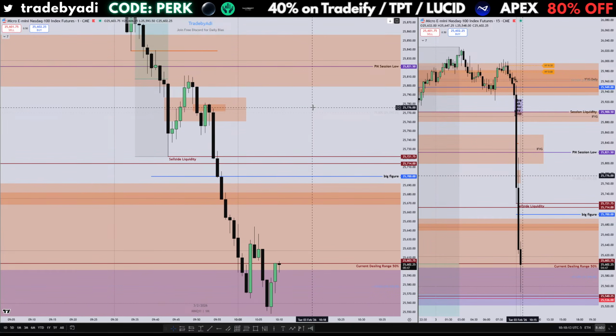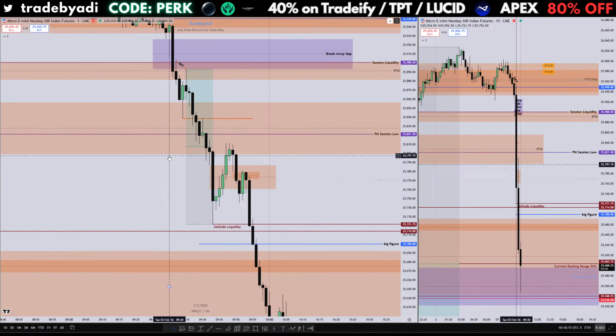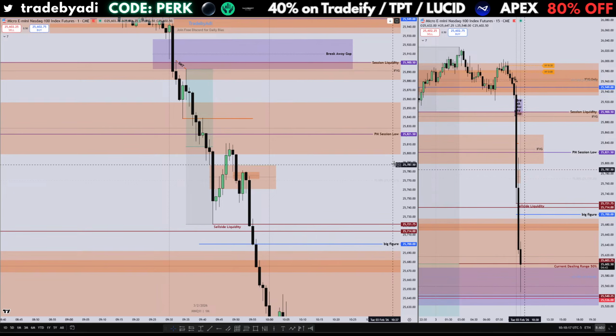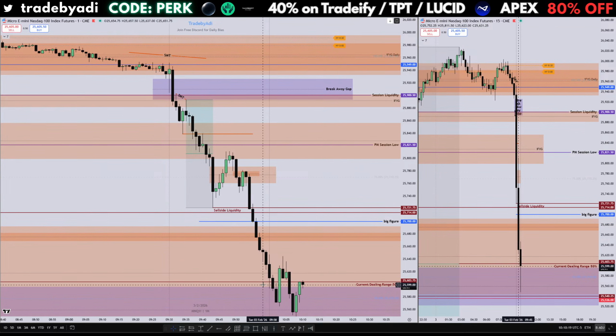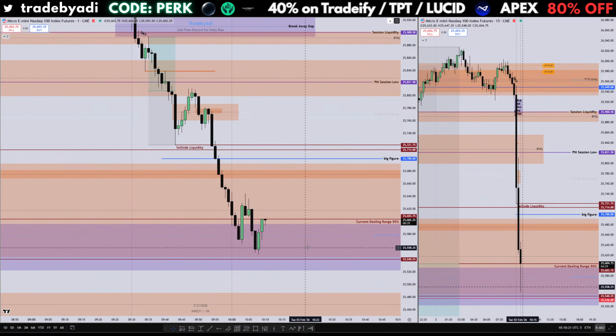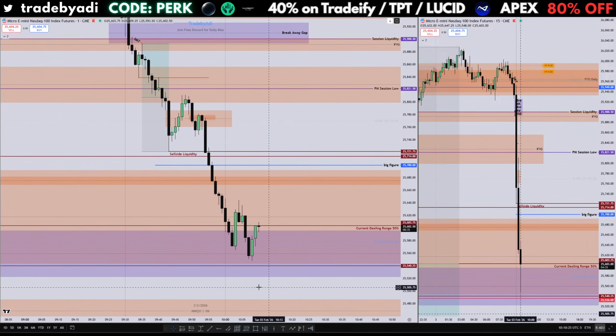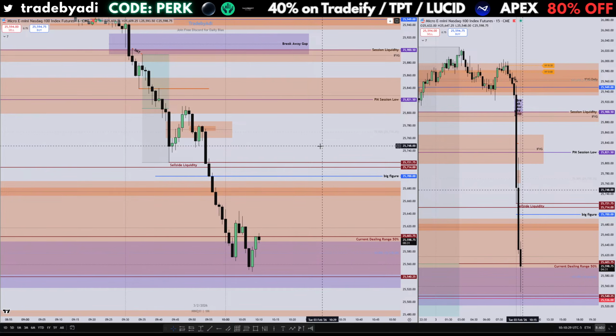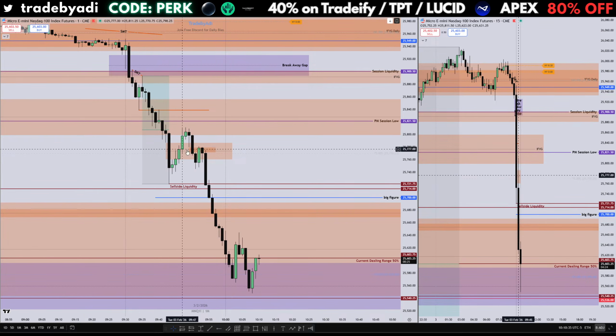This is what I said: you have to look at the 9:30 to 10 o'clock. If price has done a big range, what we can expect in terms of price action is that it is going to chop or it will do the retracement. You don't have to hold any trades right now. This is where you have to book your profits if someone is shorting from here or from here.